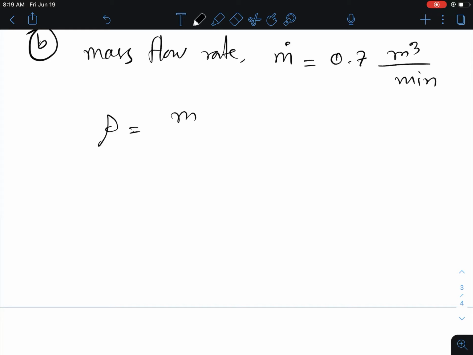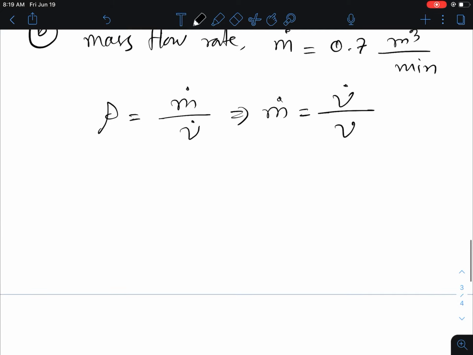density. We know that density equals mass divided by volume. If we convert to specific volume, the expression becomes this, right? That means mass equals the volume flow rate divided by the specific volume at state 1.